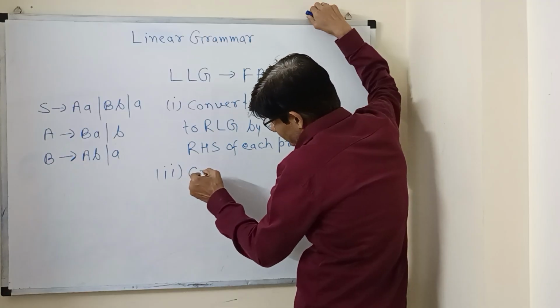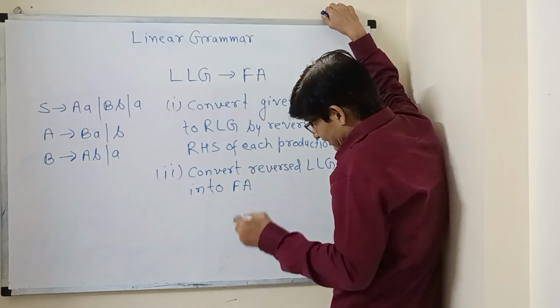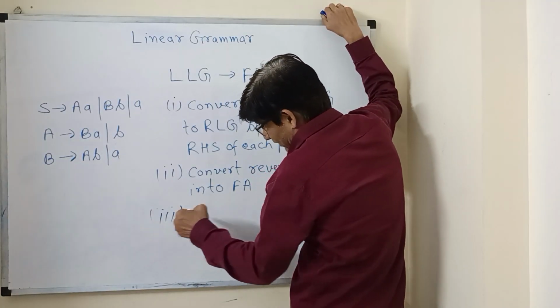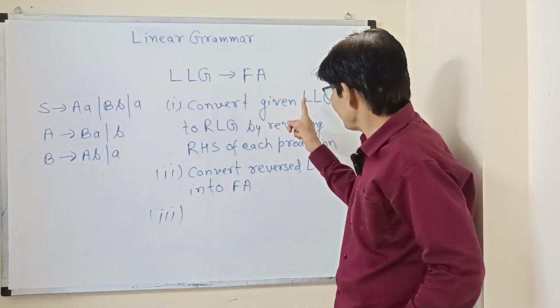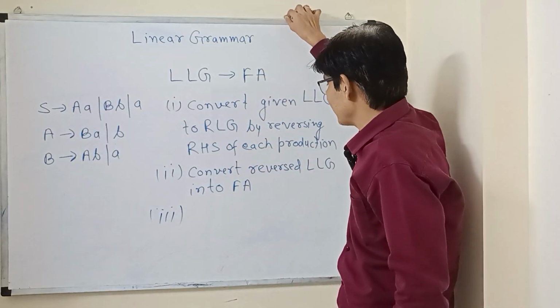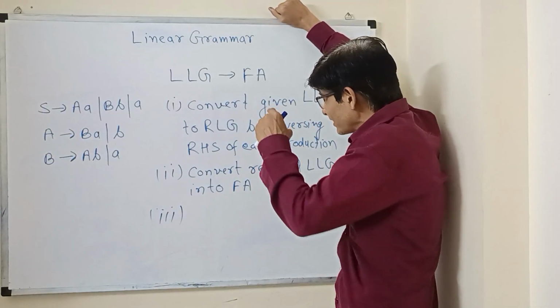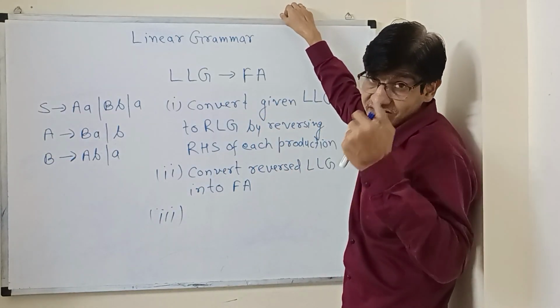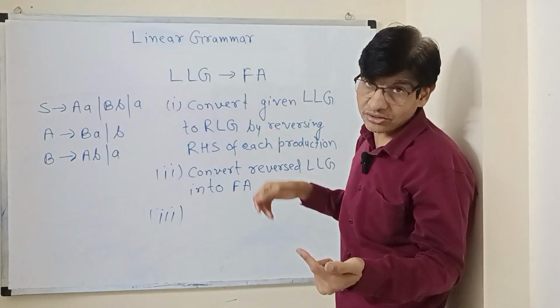Then convert the reversed grammar into finite automata. As I told you earlier, when you convert a left linear grammar into right linear grammar just by reversing the right hand side of each production, whatever language the LLG is generating, the right linear grammar will generate the reverse of that language.